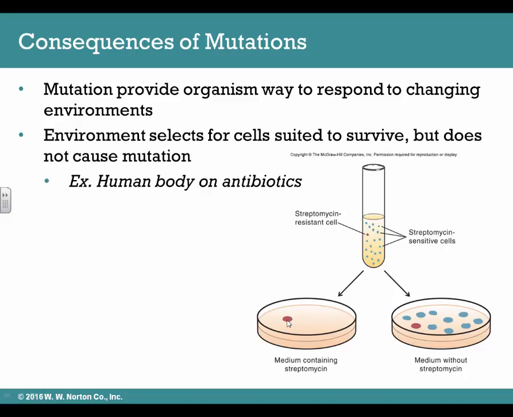But now, if you culture that colony that grew up in the presence of streptomycin, and you grew it again in this liquid culture, what color would all of these cells be? Well, they would only be red. They would only be streptomycin resistant cells.